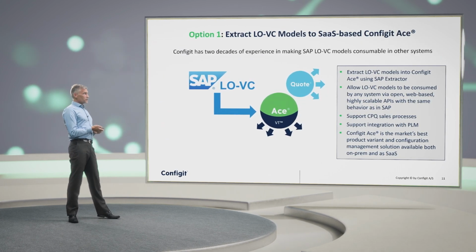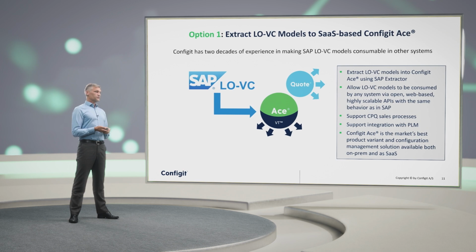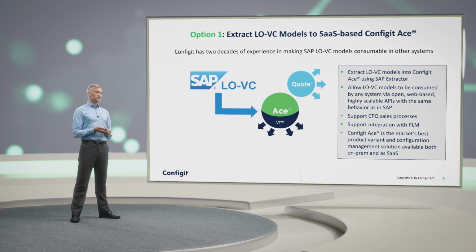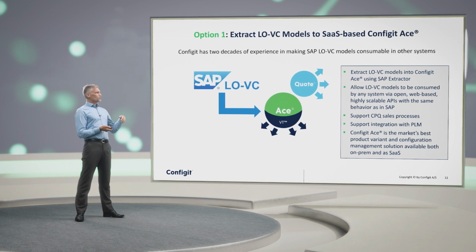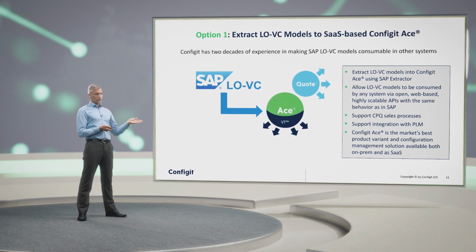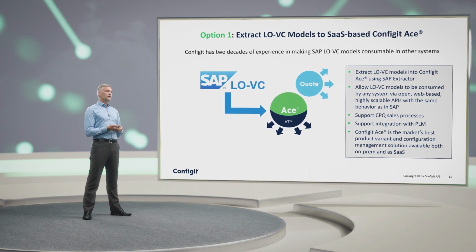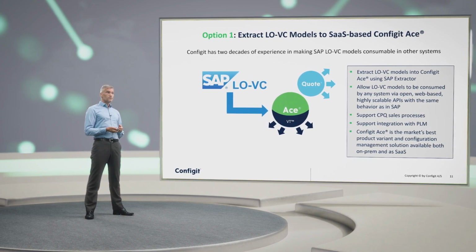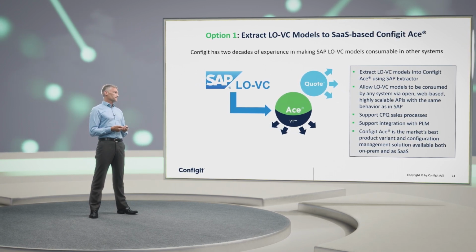So let's take a look at the first option. This is basically to keep the LO-VC models in SAP and extract them using Configit's SAP extractor on an ongoing automated basis. You then use the ACE configure REST APIs on the platform so that you can consume configuration data through those APIs.